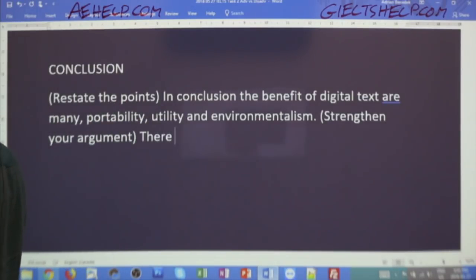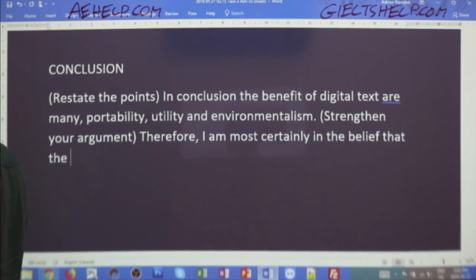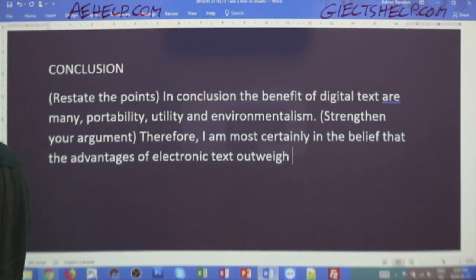Therefore, I am most certainly in the belief that the advantages of electronic text outweigh the disadvantages.